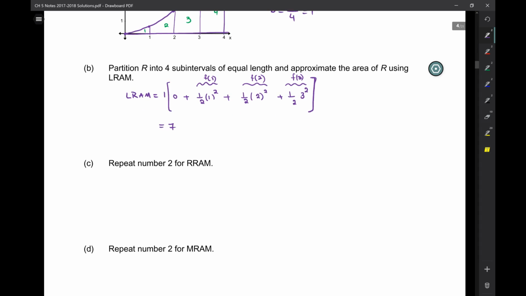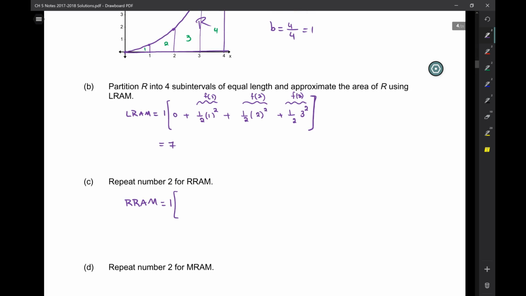Now we're going to do the right RAM. So it's 1 times, you do the base times each height. When I did it before, I got 7, because it's 1/2 plus 0 plus 4.5 plus 2.